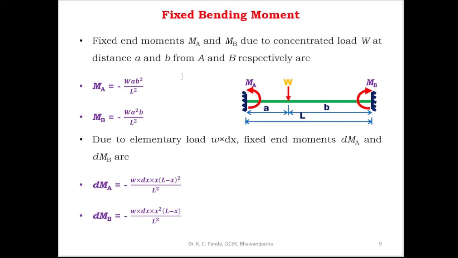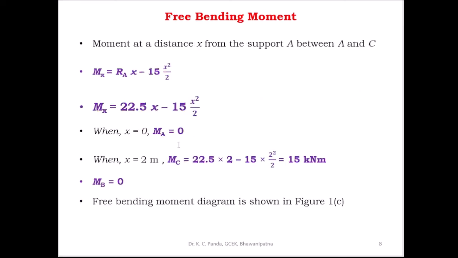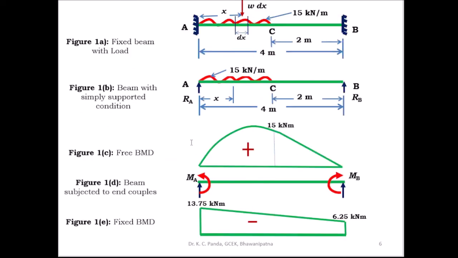You have to apply this formula in this problem. Here you take the elementary concentrated load, W dx, acting on the elemental length dx. So you have to find the moment on this side and on the other side.